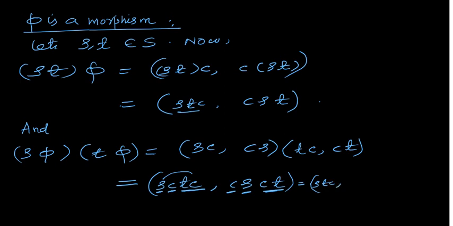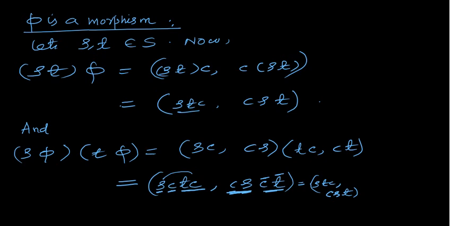And the second one, this is CS as the first element, then C as the second element and T as the last element. It is CST. That's equal to ST phi.